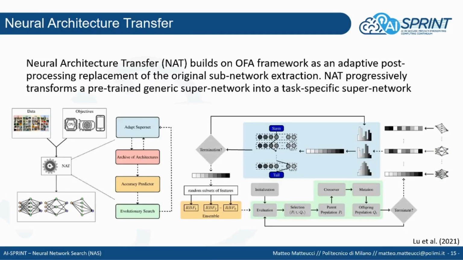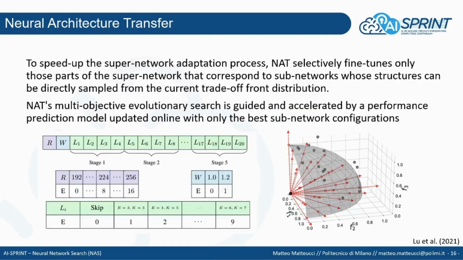Another approach, which is very similar, well, actually, it builds on the Once for All framework, is called neural architecture transfer. The idea of neural architecture transfer is to transform a pre-trained generic supernetwork into a task-specific supernetwork, very similar to what Once for All does to specialize the supernet on a constrained device.